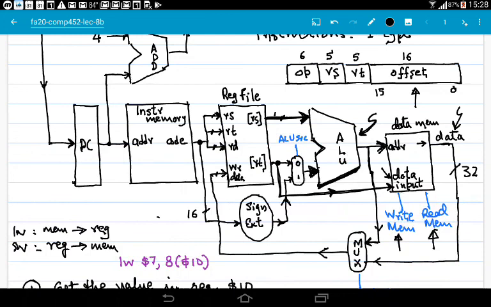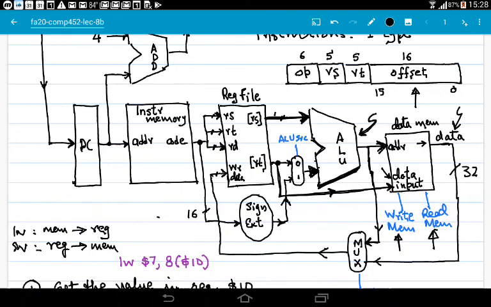In the process, we have added a couple more multiplexers to our data path so that the correct data goes to the correct inputs.